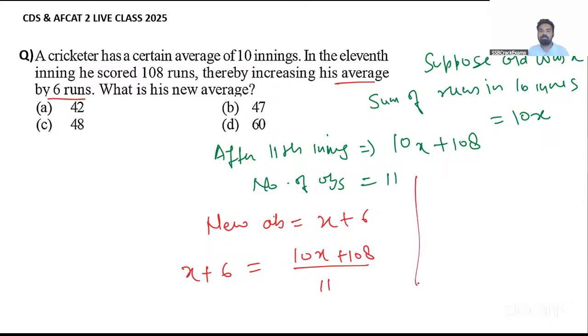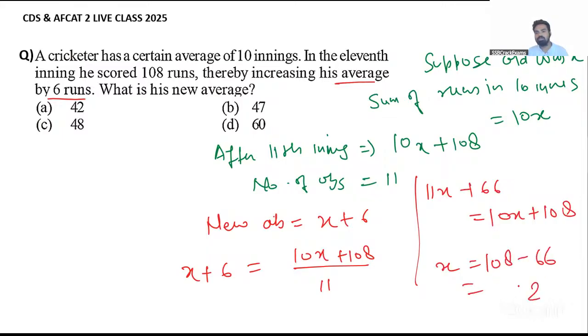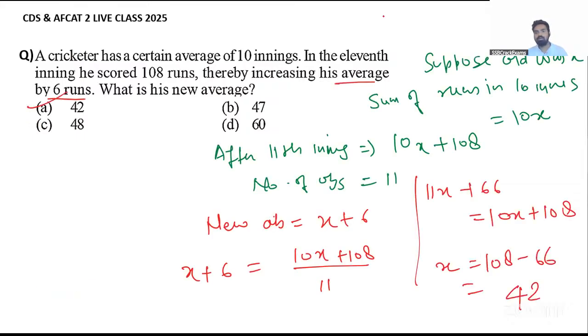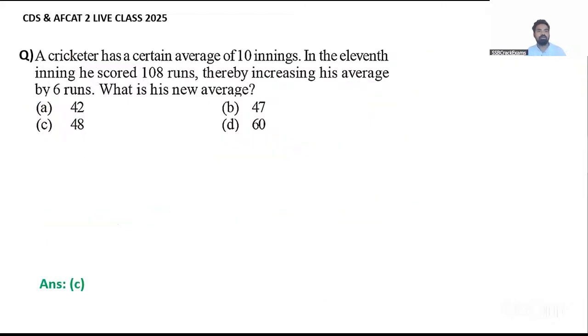Just solve this and you will get the answer. 11x plus 66 is equal to 10x plus 108, and x is equal to 108 minus 66, which is 42. x was the old average, so the new average will be x plus 6, which is 42 plus 6, which is 48. All right, option number C is correct.